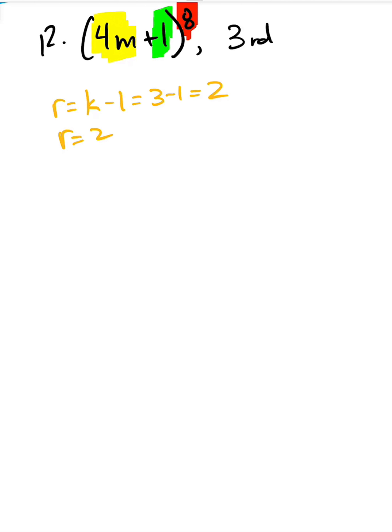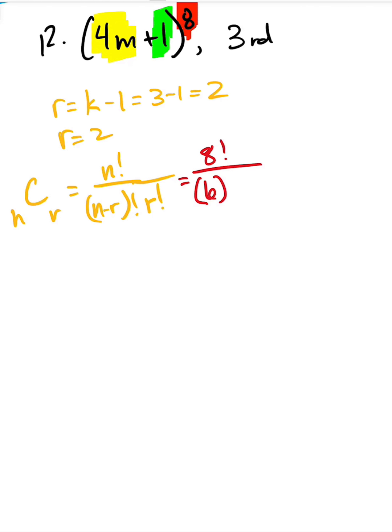Okay, I'm going to rewrite my general formula here. N choose r equals n factorial over n minus r factorial times r factorial, right? So let me go ahead and just plug in my numbers so I can start working this out. My n term is 8. 8 factorial divided by n minus r, which is 2, so that's 8 minus 2, that's 6 factorial, times 2 factorial, right?